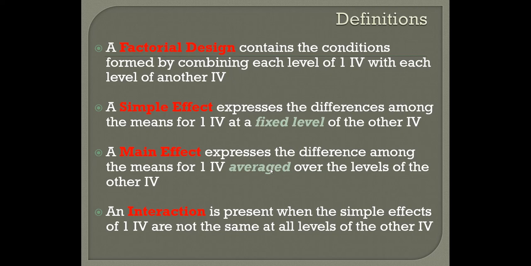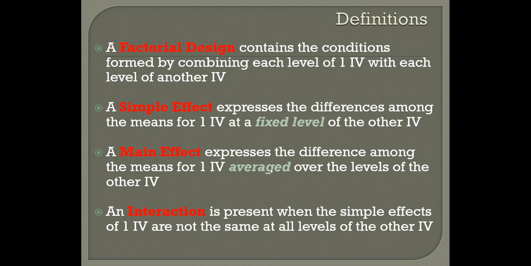A main effect expresses the differences among means for one IV averaged, collapsed across, or ignoring the other independent variable. So basically, how does this IV affect the DV? Almost like a one-way ANOVA, because you're ignoring the other independent variable, although it's a bit more mathematically complicated than a one-way ANOVA.